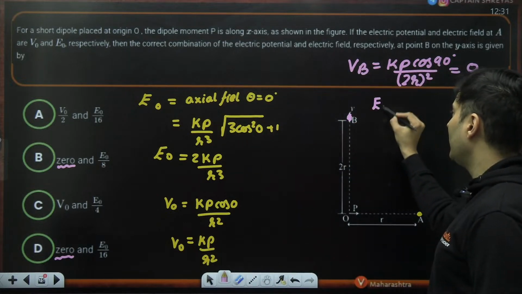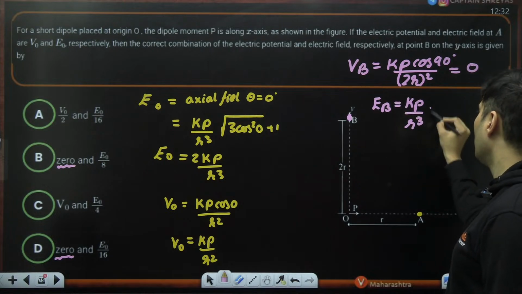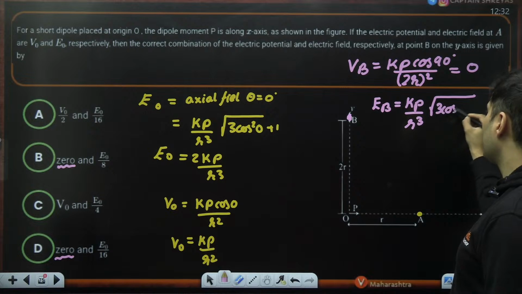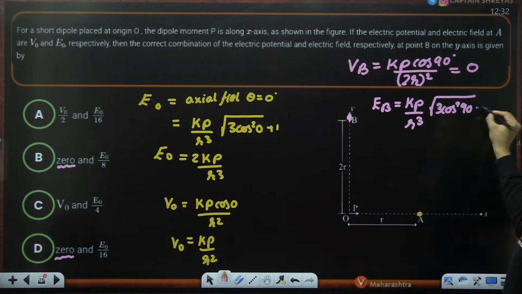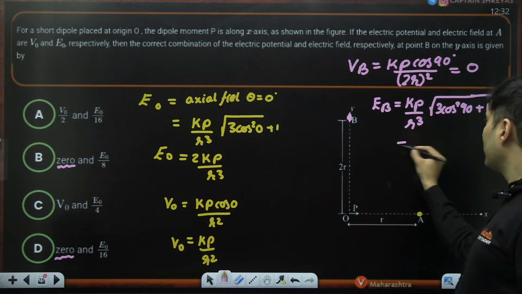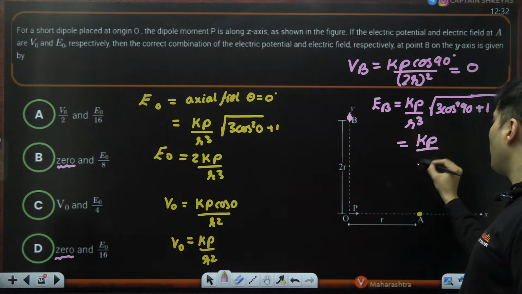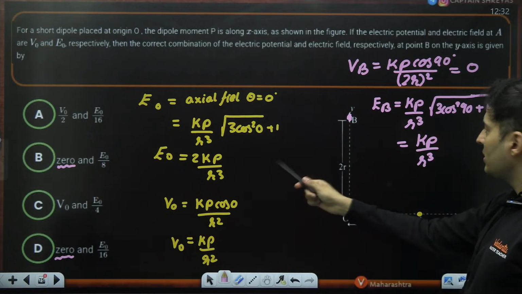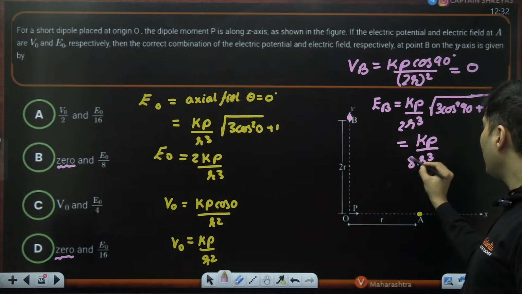The field at point B will be Kp by r cube times 3 cos square 90 plus 1. Cos 90 is 0, so it will be Kp by r cube. But this r is going to be 2r, so this will be 8r cube.